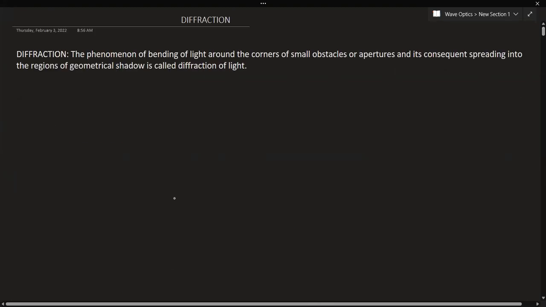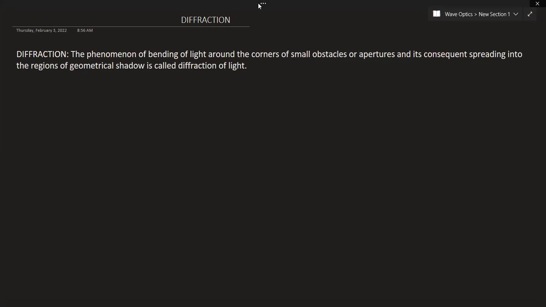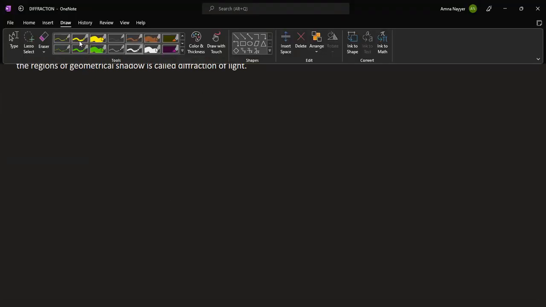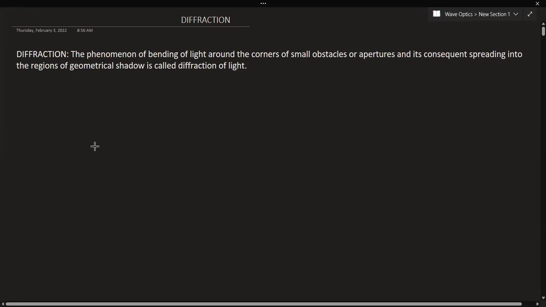See, let us understand what is meant by diffraction. If I take a slit, this is a slit. Just to represent you, I have drawn it very broad and thick. It's actually a very, very narrow slit.